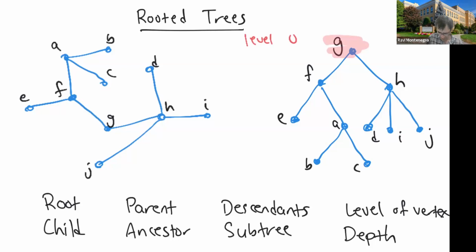Well, the kids would be level 1 because it's one level down our family tree. Then level 2, and finally level 3. If G was this ancestor, then F would be the child, A would be the grandchild, and these would be the great-grandchildren. So level 3 indicates that we've gone all the way down to great-grandchildren.